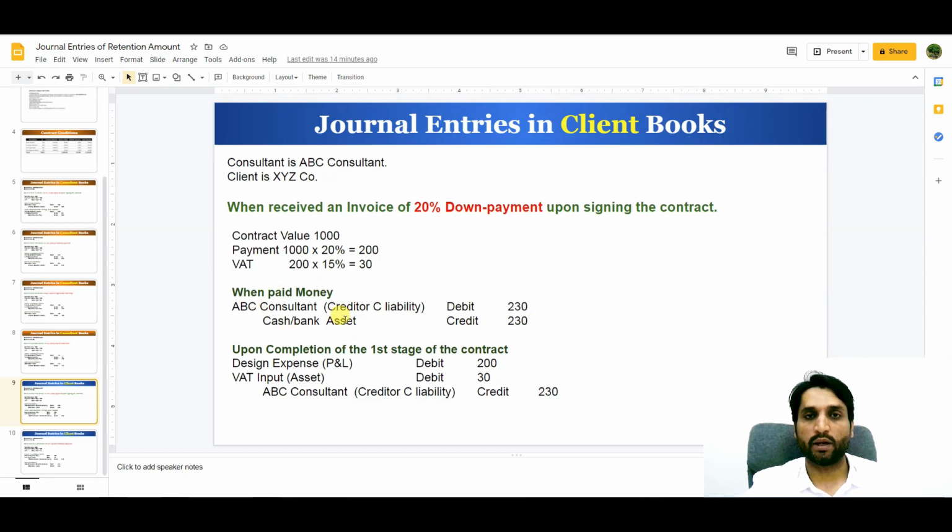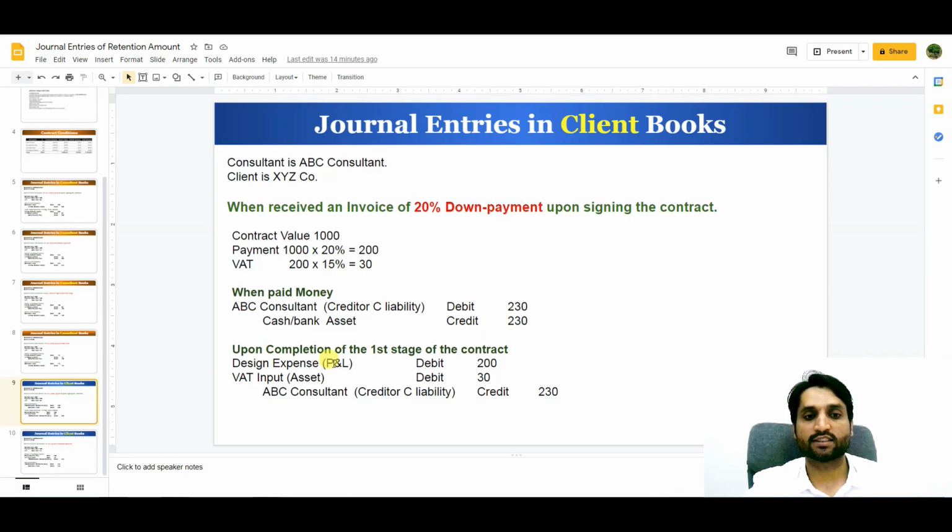This is the down payment which we need to debit to the consultant. He has not done anything yet. When we see that he has completed the first stage of the contract, we need to recognize this money as our expense, as we are now the client.